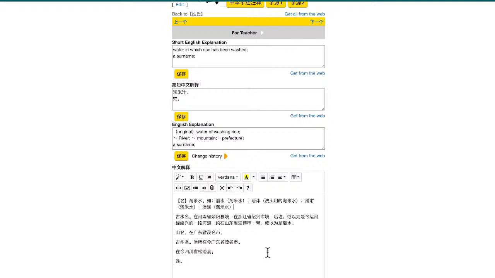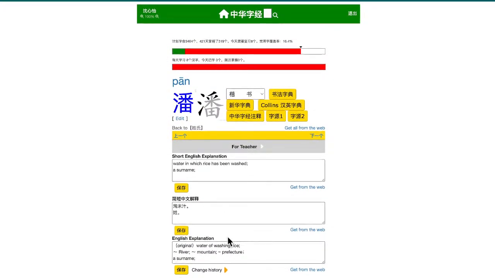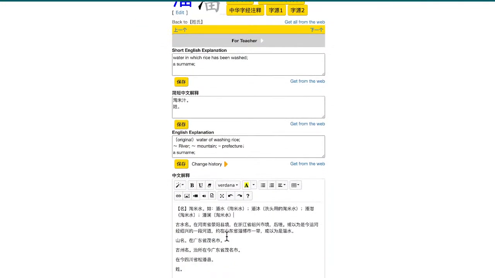Nowadays there's a county in Sichuan province called Songpan Xian. And of course it's a surname. Now, as for water for washing rice, that's the original meaning, but it's not really in use.